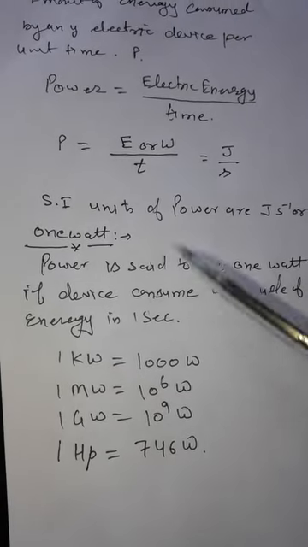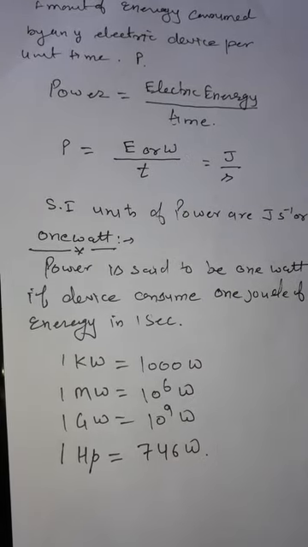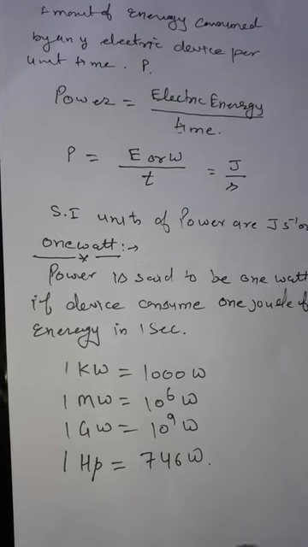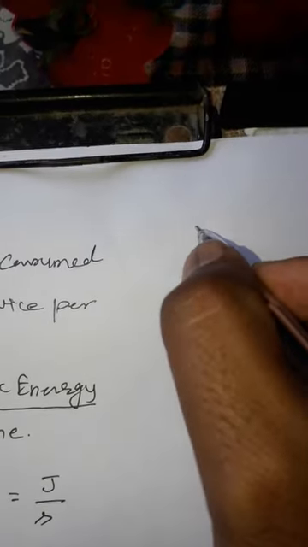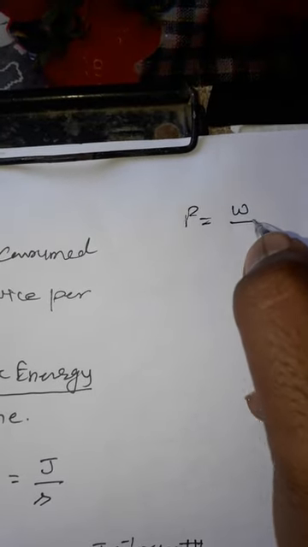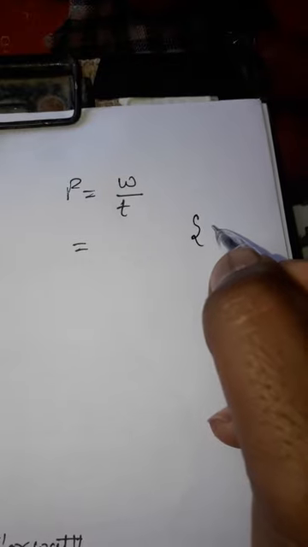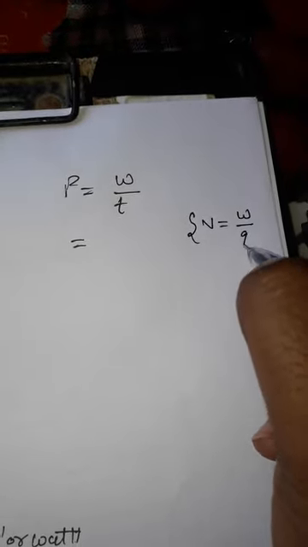Now, from the definition, power may be represented in terms of voltage, current, resistance, etc. These relations are as follows. As we know, P is equal to energy, or work done, per unit time. Using the relation of work done, potential is equal to work done per unit charge.